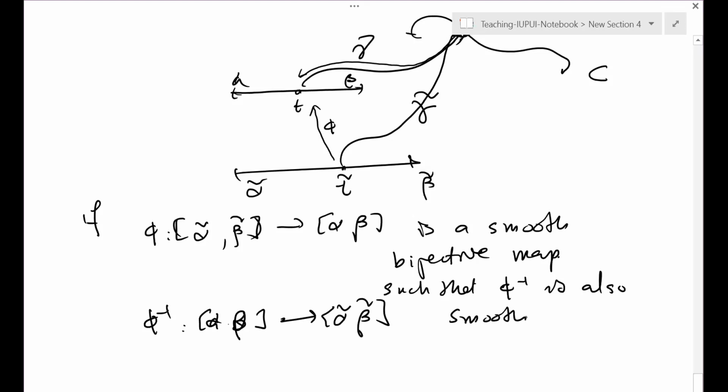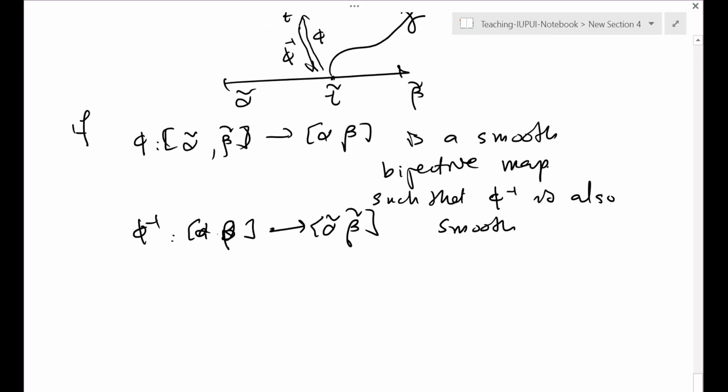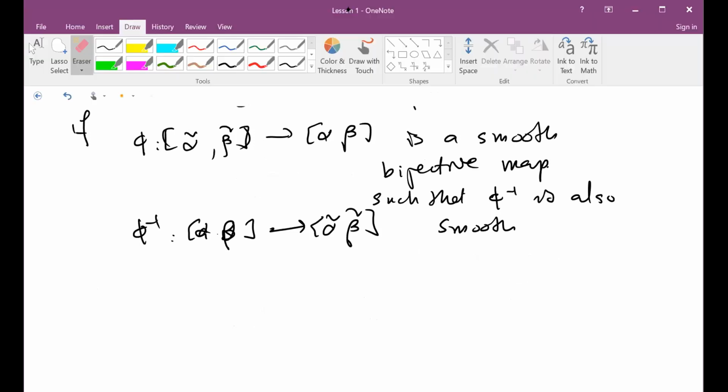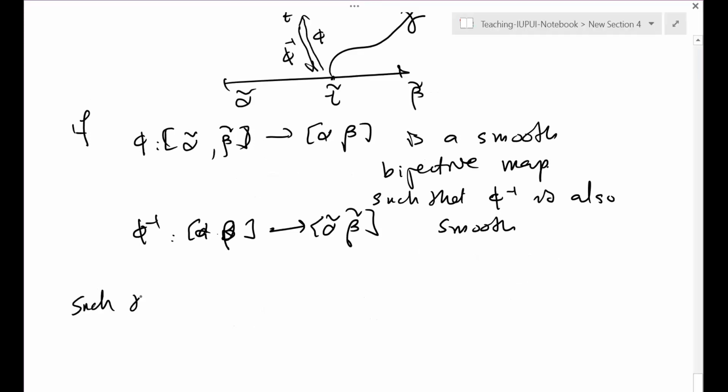So this map has the inverse, such that gamma tilde of t tilde equals gamma of phi of t tilde.